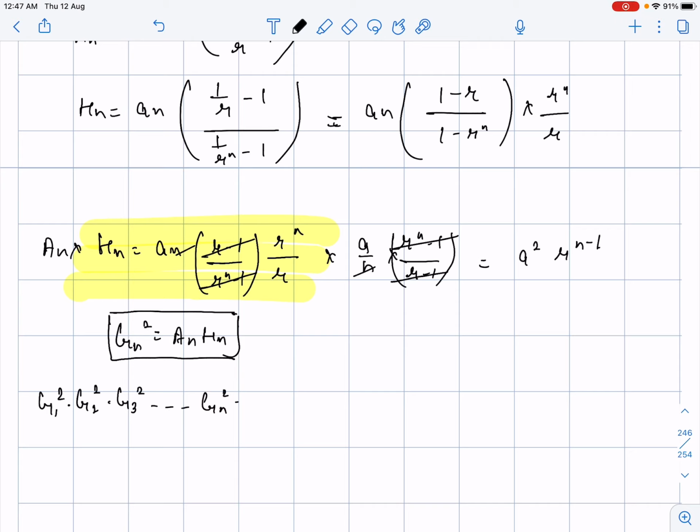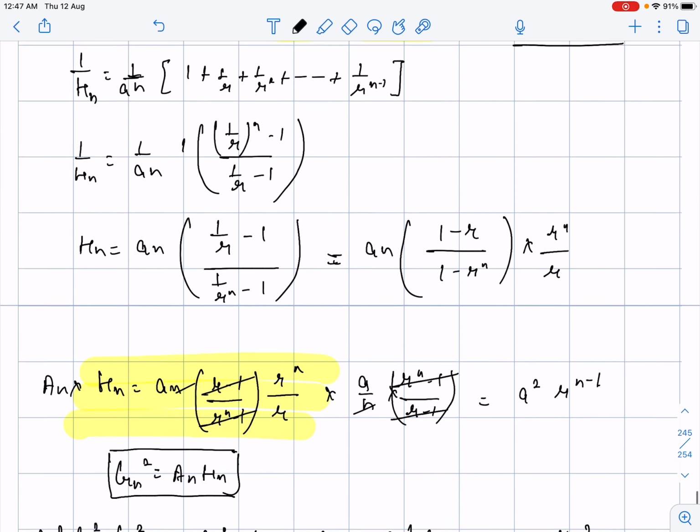This becomes a1 multiplied by a2 multiplied by a3 goes on up to an, multiplied by h1 multiplied by h2 multiplied by h3 goes on up to hn, because g1 square becomes a1 multiplied by h1, g2 square becomes a2 multiplied by h2, g3 square becomes a3 multiplied by h3, and gn square becomes an multiplied by hn.